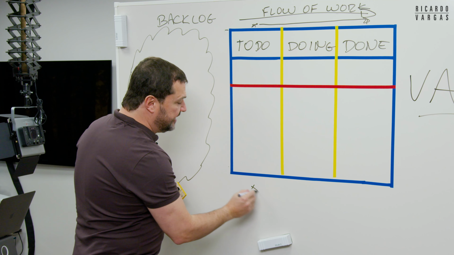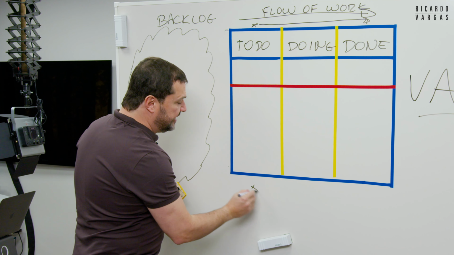And every single task will stay here until you decide that you will do it. And this explains to me this area here. In this area, many people just forget it. And this is the area of max work in progress. So let me put some numbers here.